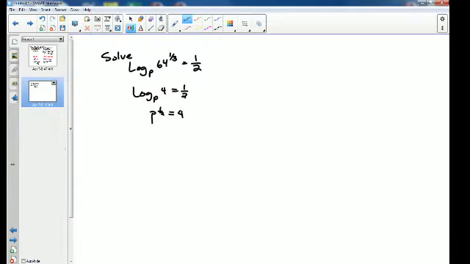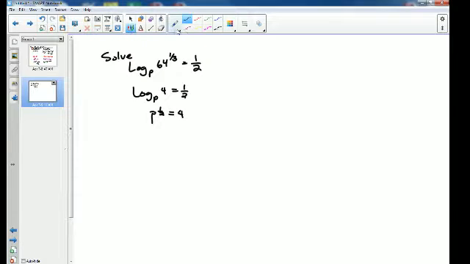P to the 1/2 equals 4, right? So now I can solve exponents, right? How do I get rid of a half exponent?